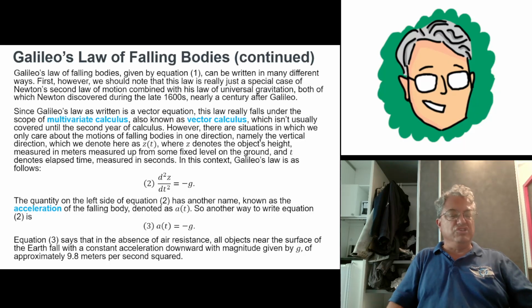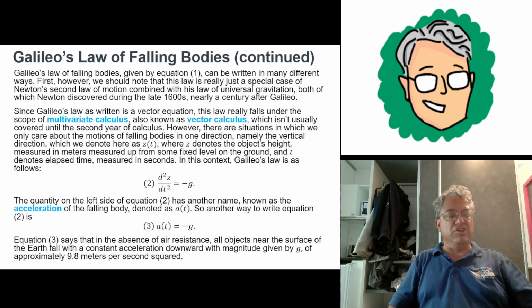So all we really care about when we're talking about the law of falling bodies is height. I mean, you can imagine just dropping a ball or throwing a ball up in the air or throwing a ball down. There's really only one direction we care about, up or down. In that case, we can call the variable representing the height z. So z is just how high you are above the ground, and it's a function of time.